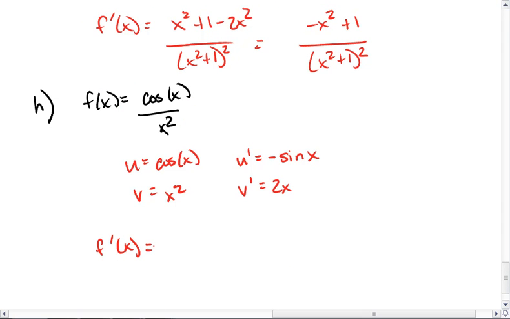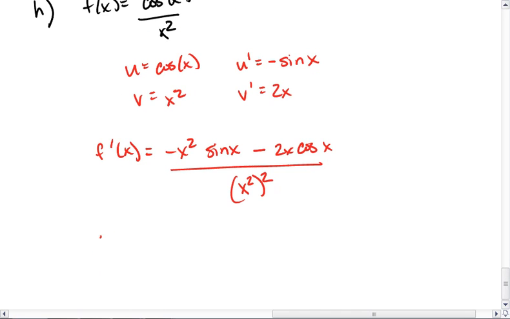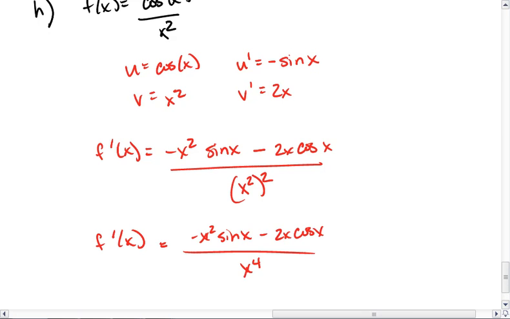So I find that f prime of x equals negative x squared sine of x minus 2x cosine x all over x squared squared, which gives me a negative x squared sine x minus 2x cosine x all over x to the fourth.